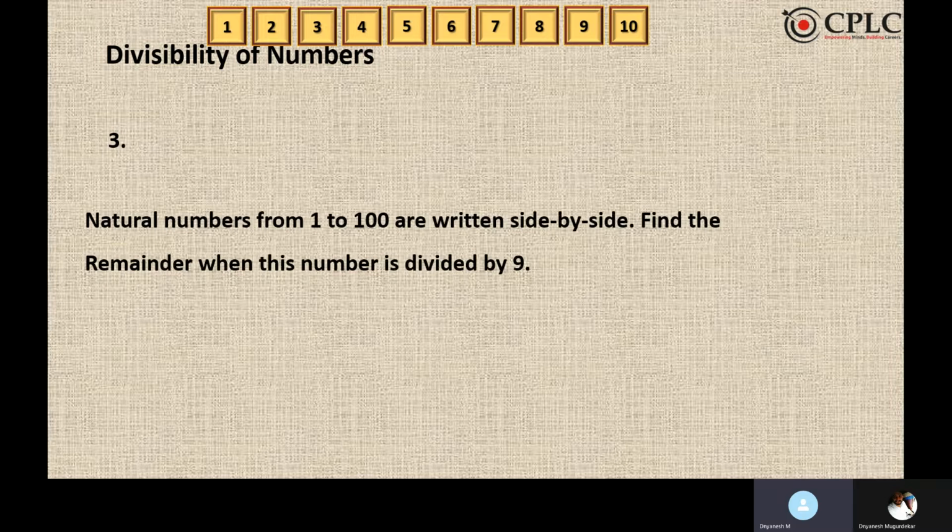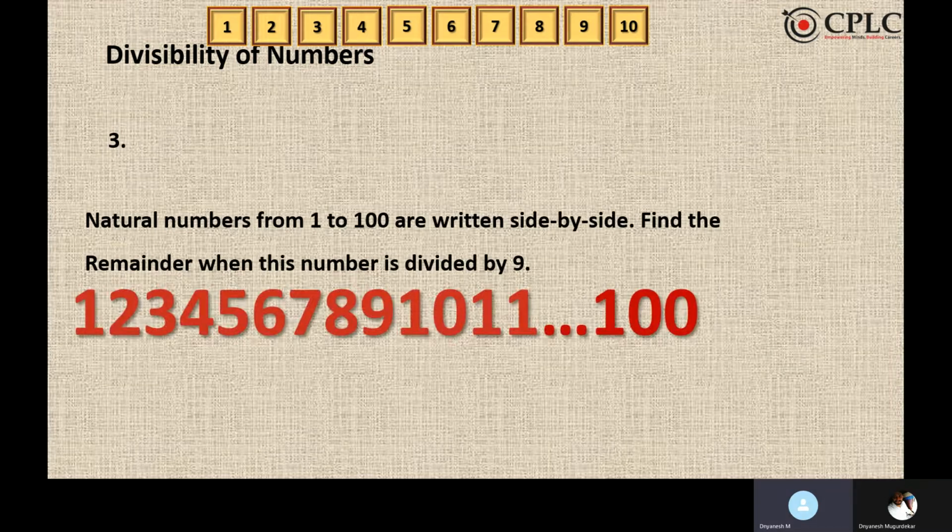While writing 1 to 100, the digits that we are going to use remain the same, that is 1 to 9. I'm not considering 0 because even if I add or subtract it, it is not going to make any change to my answer. So you just have to understand how many times each of the digits is repeated.